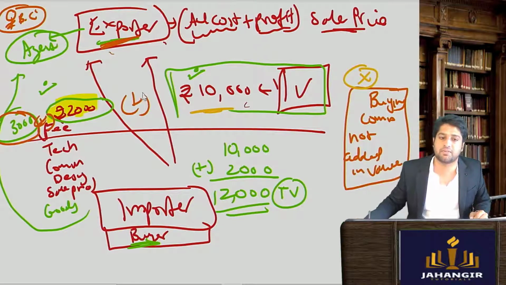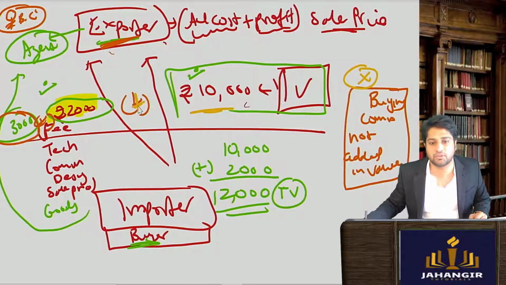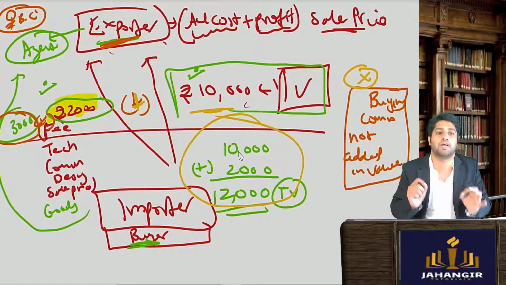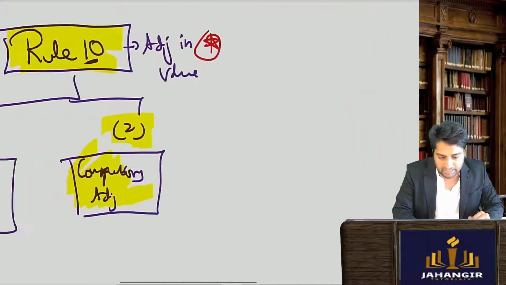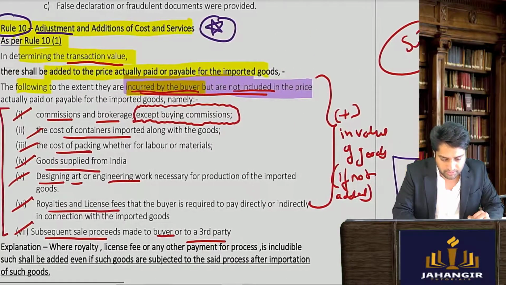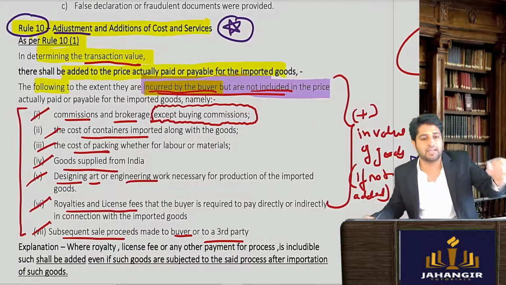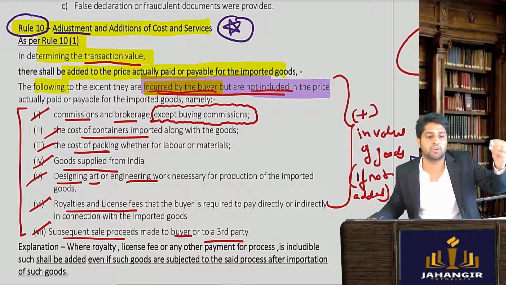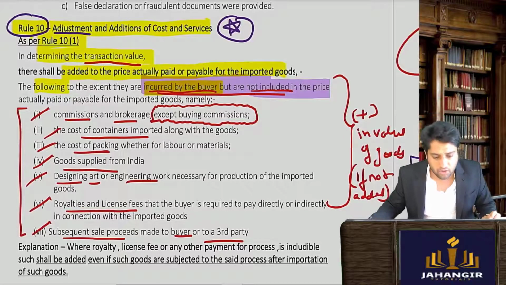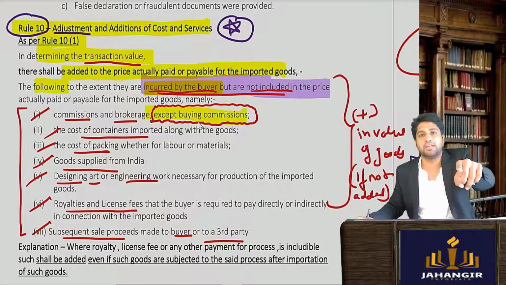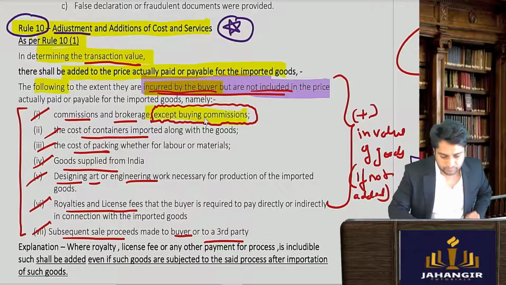Law will say that once we have detected it, investigated and come to know of this transaction, we will add up everything that the importer has paid to make the import possible. Clear? So if I've given any packing material, any designing cost, any kind of charges, all is included. Only what is not included is buying commission, because buying commission is not paid to his agent, it is my agent.